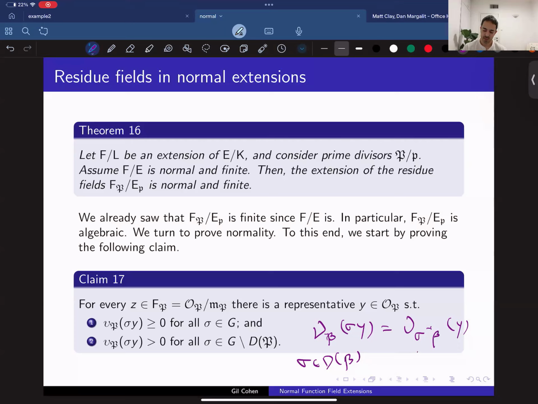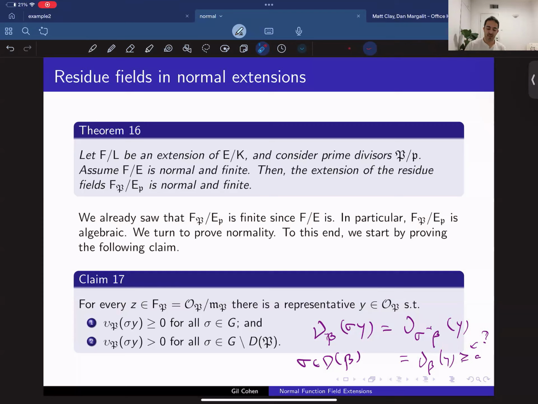And then that's v_P of y, because it's a decomposition group, it keeps P at the same place. And I can't require this to be positive or anything. It could be 0, maybe not. I know it's either 0 or strictly positive, it's not negative, because I'm taking a representative of Z, it's something in O_P, but I can't require it to be strictly positive.